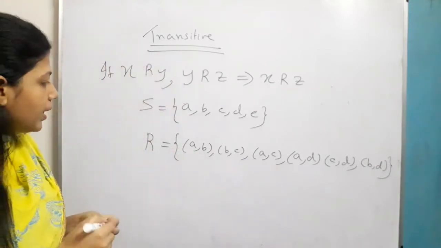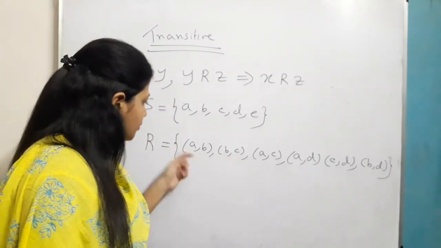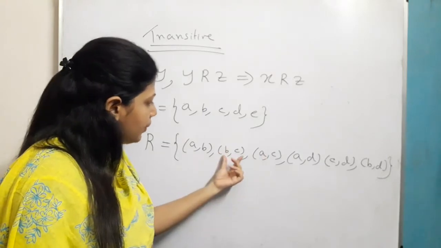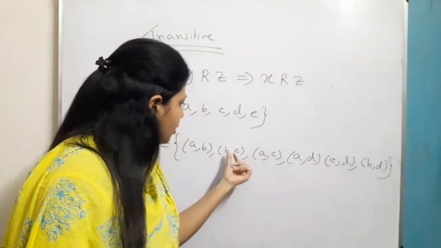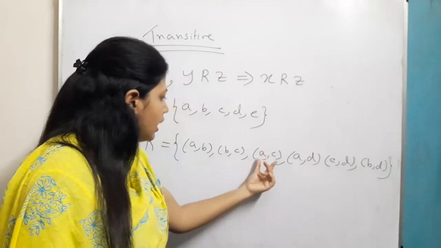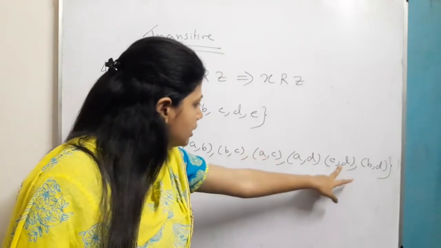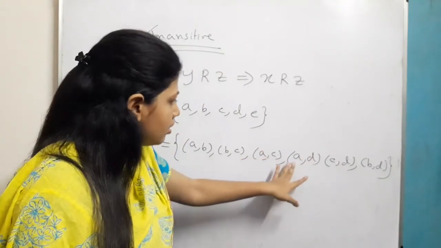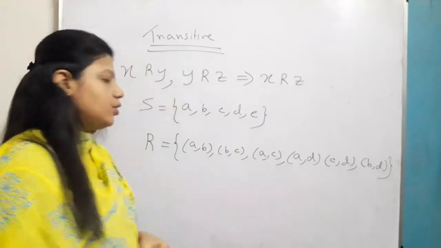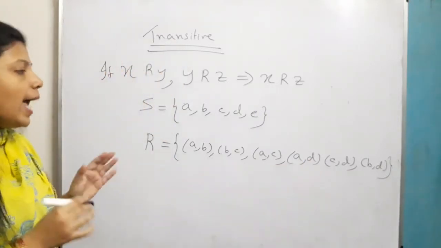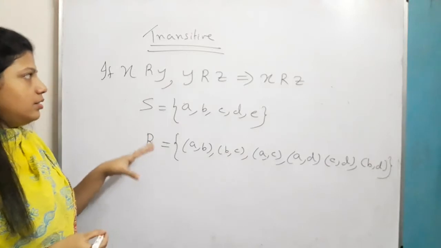Check once more. AB, BC, AC, okay, BC, CD, BD is there, AC, CD, AD is there, and yes, now it is okay. So you have to check for all the elements.